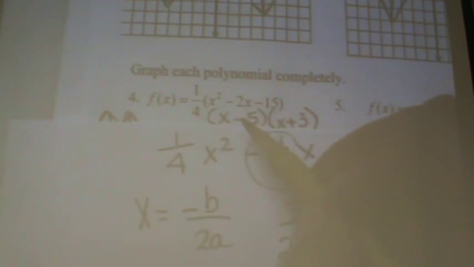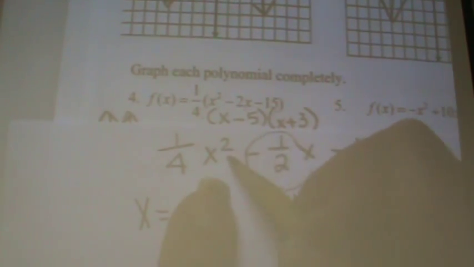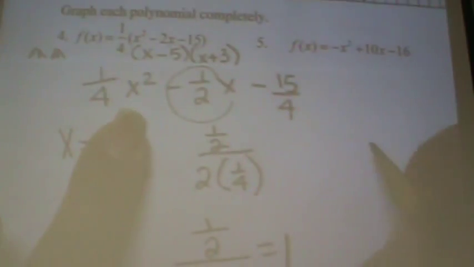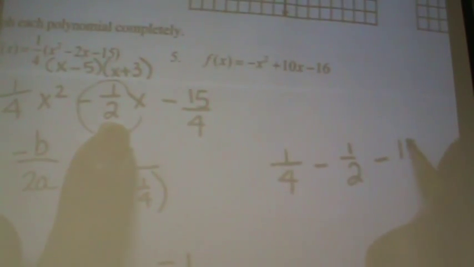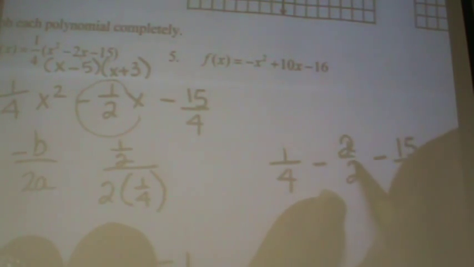Now if you plug 1 in to figure out what your vertex is, 1 squared times 1/4 minus 1/2 minus 15/4. Now what I would do is turn this into 2/4.